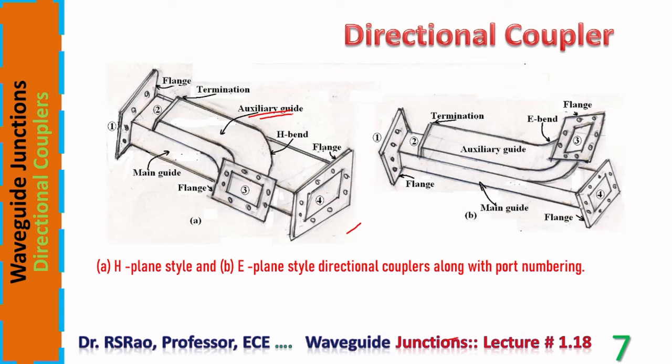Straight rectangular waveguide piece is used as main guide, whereas H-bend is used as auxiliary guide in case of H-plane style directional coupler, and E-bend is used as auxiliary guide in case of E-plane style directional coupler. The decoupled port is match terminated in both the cases. Port 2 is not available.